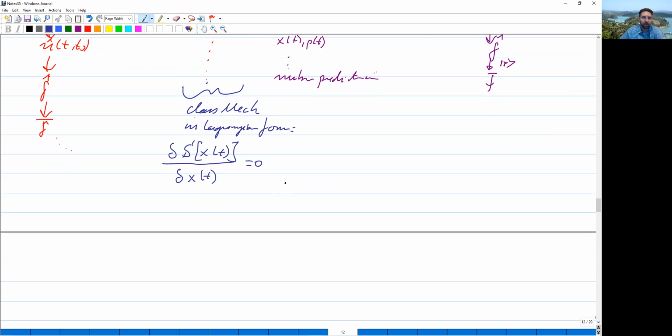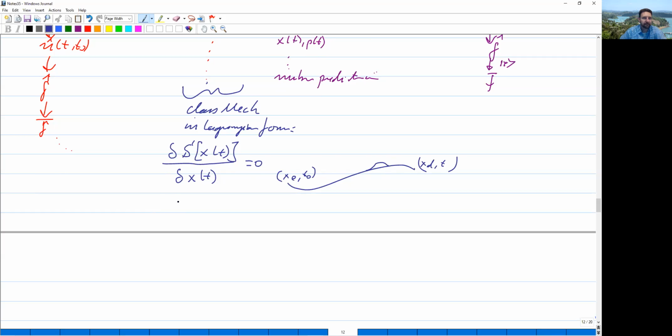If, for example, this is a path from x_i at t_0 to x_f at t, for which this variation is 0, then if we do a little bit of a detour here, that would also be a path, but it wouldn't be extremal. So the point is that if we do a little change of the trajectory, then S would to first order not even change.